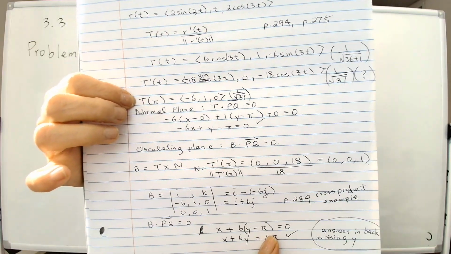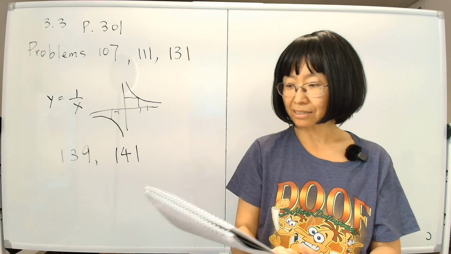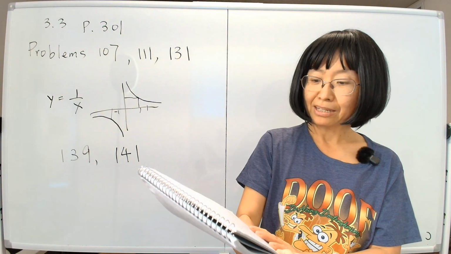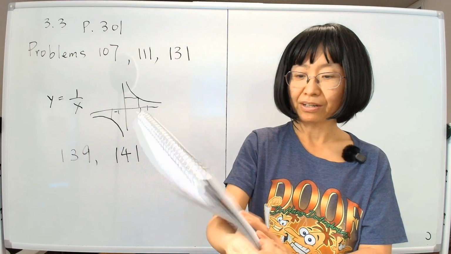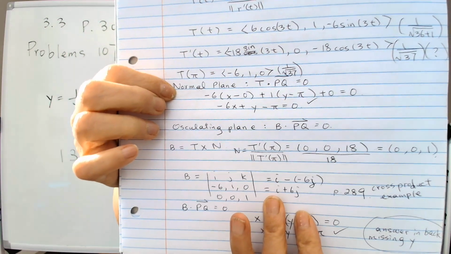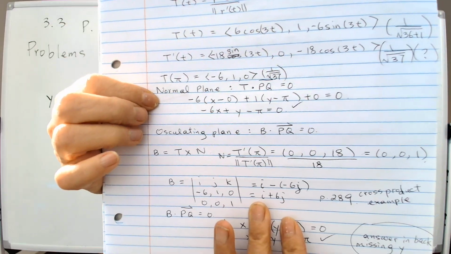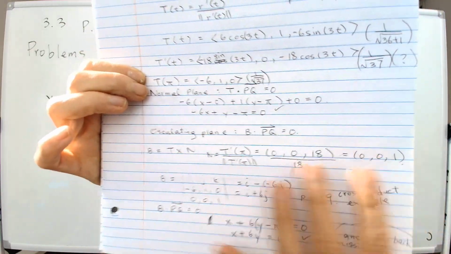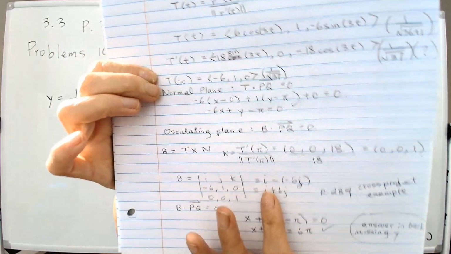In any case, we have a specific value of T at that point. Then we do the dot product, ignoring the magnitude. It's dividing by something here, but we don't care.